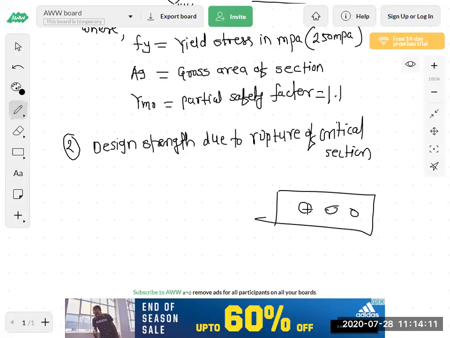Rupture is nothing but when this plate or member is under loading, the bolt will punch into the plate and there may be an increase in the diameter of the hole. That is nothing but rupture. Due to this rupture, the plate will fail due to cracks in every direction.